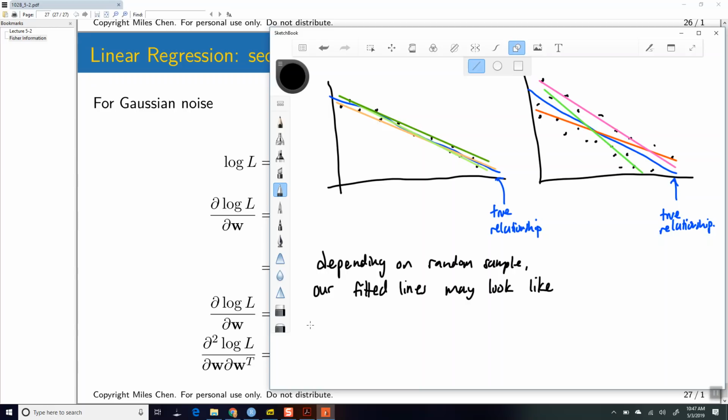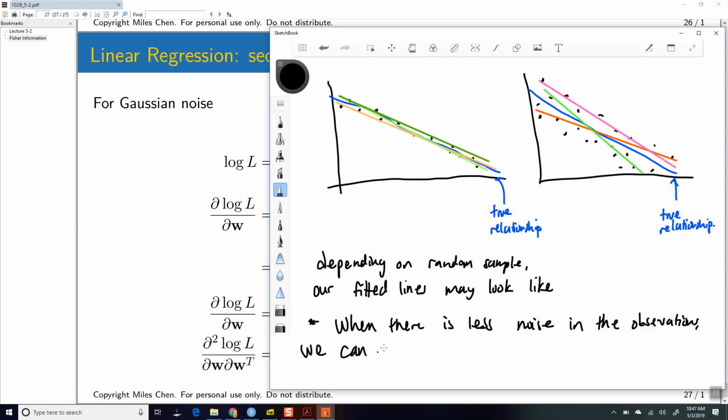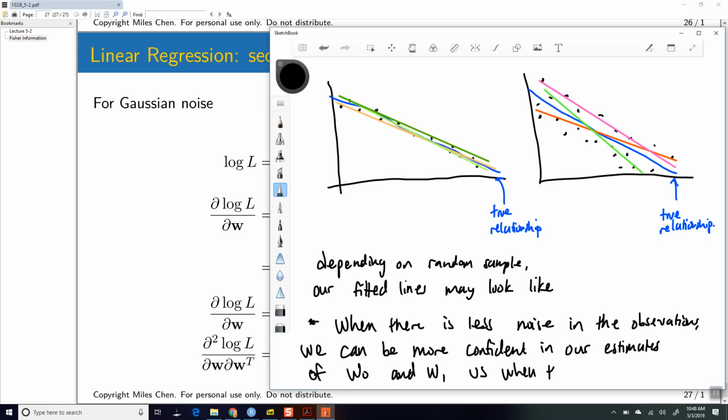So when there's less noise in the observations, we can be more confident in our estimates of W0 and W1 versus when there's lots of noise.